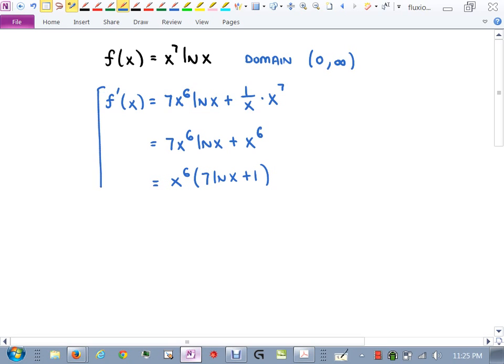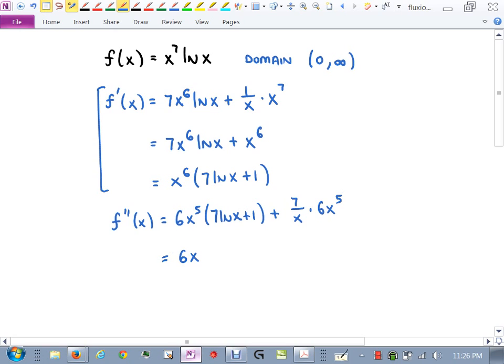Now, I just did that because I'd like to now take the derivative again and use the product rule again. So the derivative of x to the 6th is 6x to the 5th, then times 7 natural log x plus 1. Now, the derivative of 7 natural log x plus 1 is just 7 over x times x to the 6th, so I'm finishing off the product rule there.